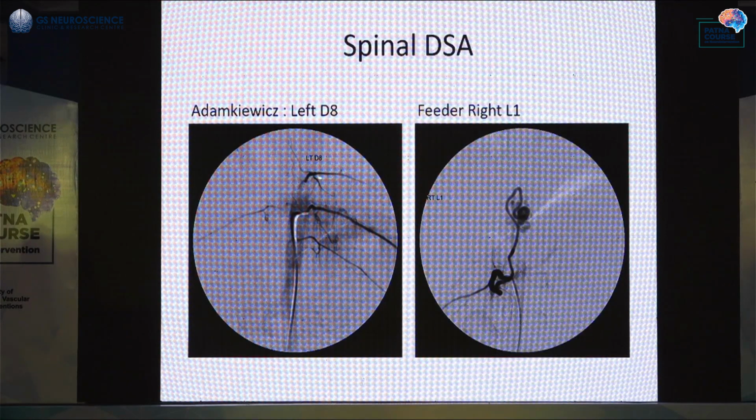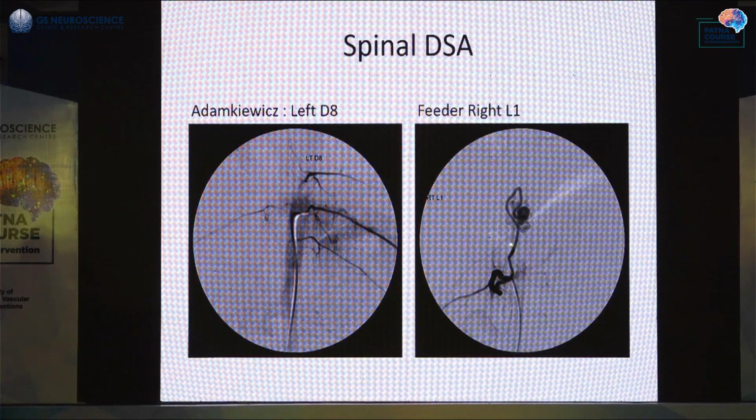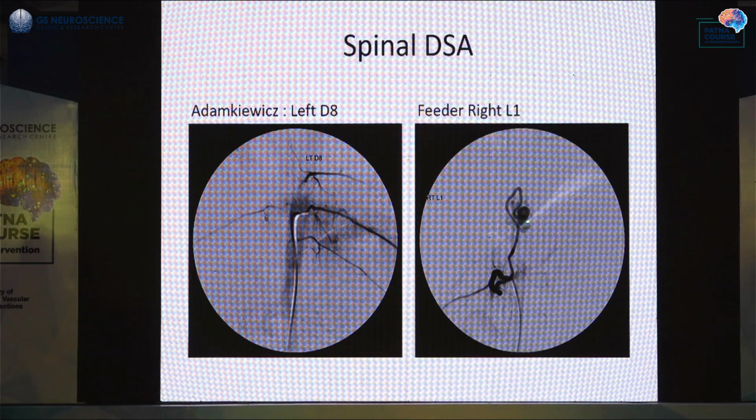In this case, the artery of Adamkiewicz was arising from the left D8, and the fistula was at the level of right L1. This is the lumbar artery. This is the radiculomedullary artery going to the medullary veins, and there's a venous pouch or venous ectasia.